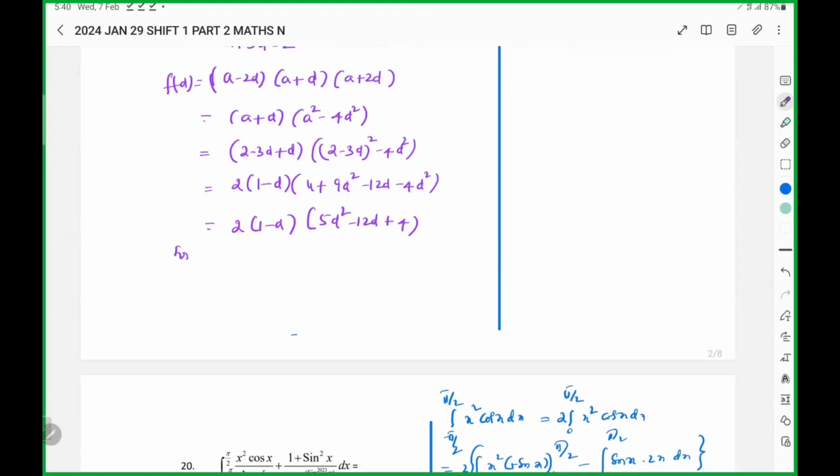So for maxima and minima, f dash d is 0. 10d minus 12.